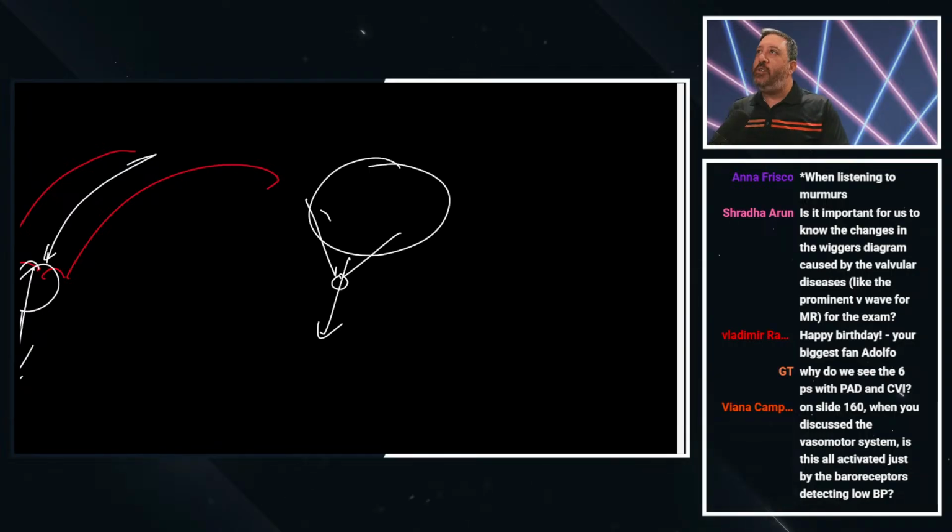Not as severe as you do with aortic stenosis, but it is a slight crescendo-decrescendo during diastole that you'll hear. So I hope that answered your question regarding the different murmurs.